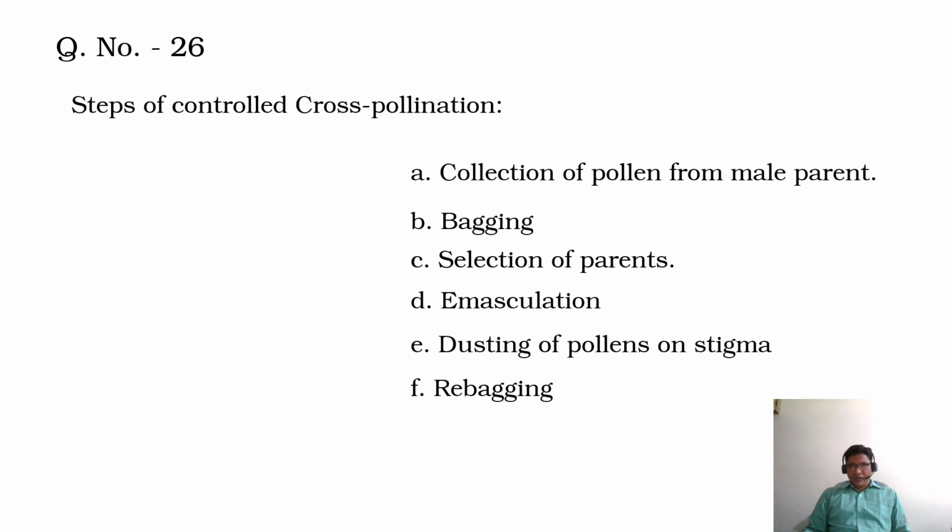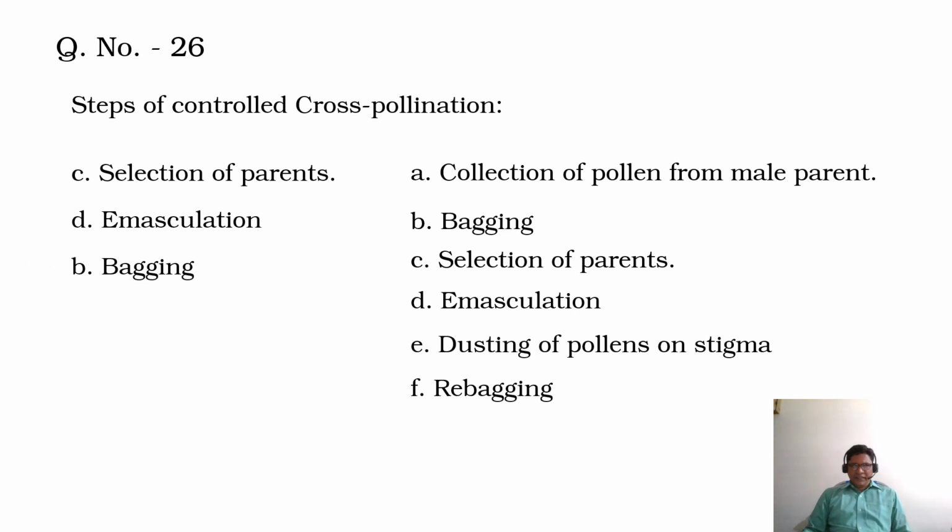So in cross pollination, the first step is selection of parents. After selection of parents, we need to remove the anthers, that is called emasculation. And then the emasculated flowers are bagged. Then from other plants, we need to collect pollen from the male parent or male flower.